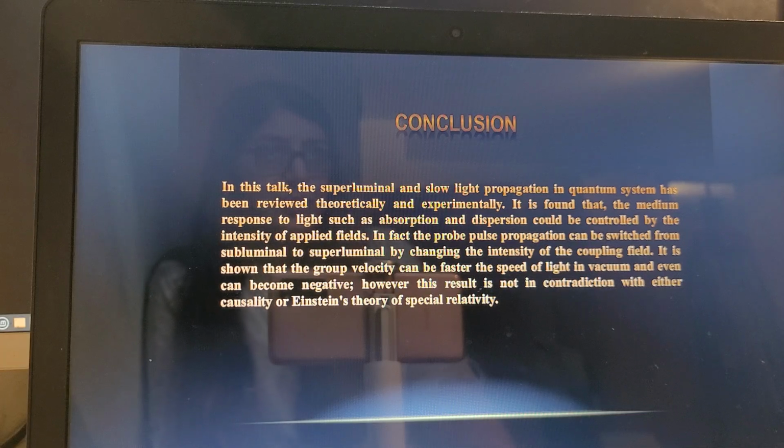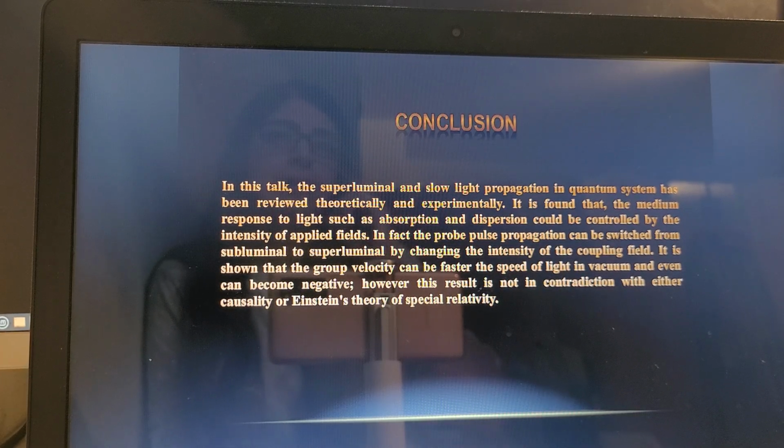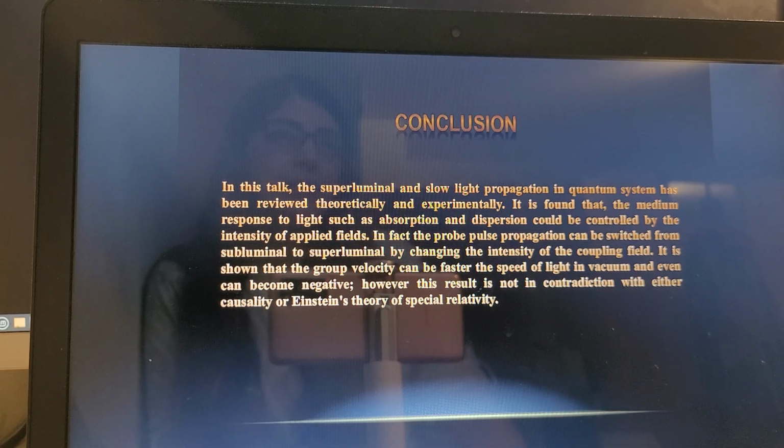They could detect superluminal propagation in this medium, but it is not in contradiction with special relativity. As in the previous video, I was thinking that something is weird in physics. This is also a weird phenomenon that we have to think about more.